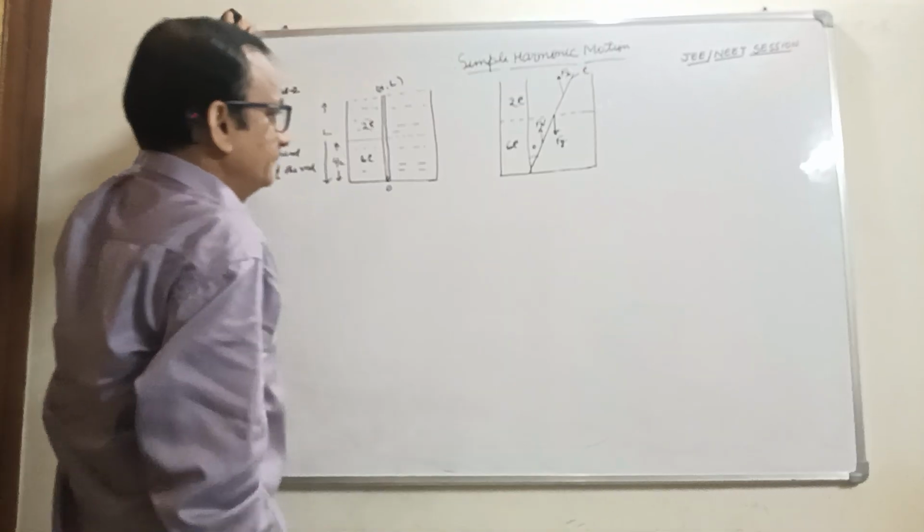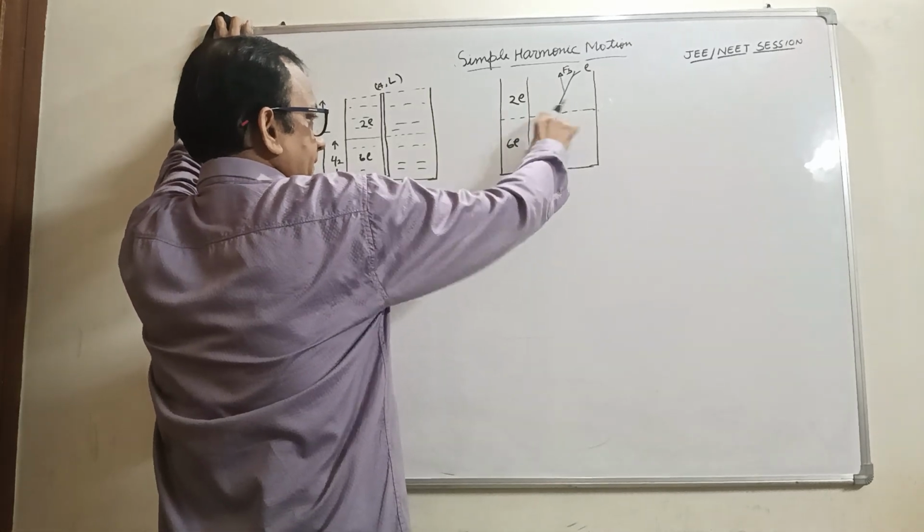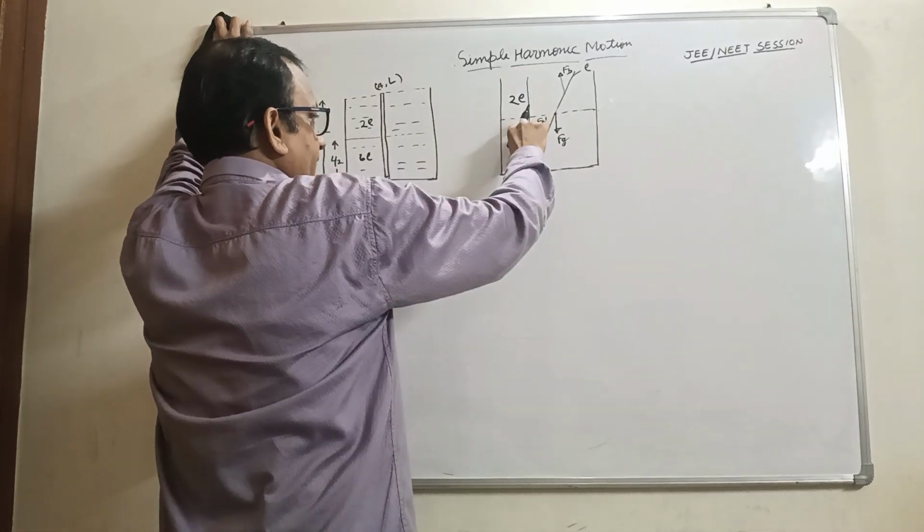This is FB dash. Here we see the densities of both liquids are different.